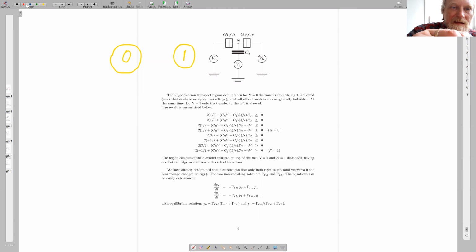It means that this comes from the right junction. It comes from the right. And there's another rate in the opposite direction, which is to the left.